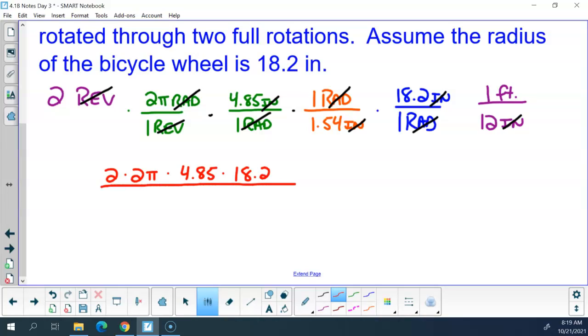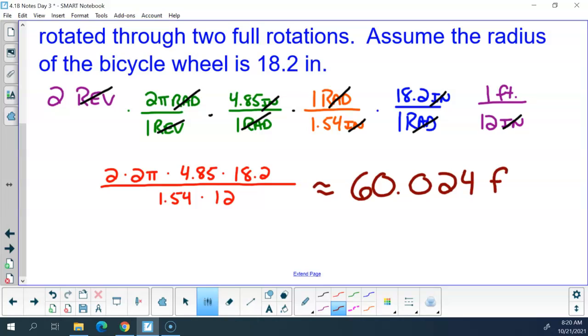On the bottom, I have 1.54 times 12. I get just over 60 feet.